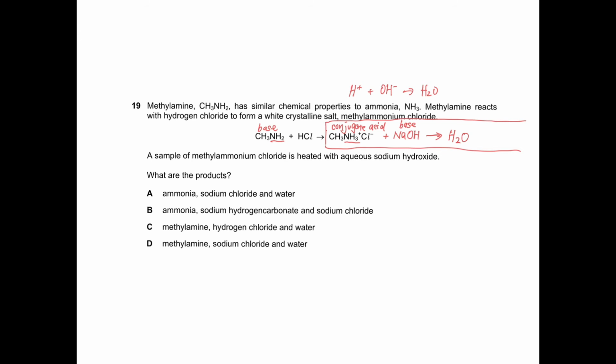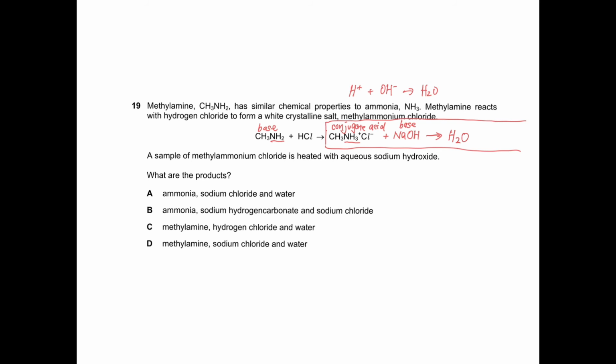Besides H2O, we have to know what else they are going to form. Neutralization, they will form salt. How do we know what kind of salt is formed? Basically it is easy. You just look at the positive ion and combine it with the negative ion.